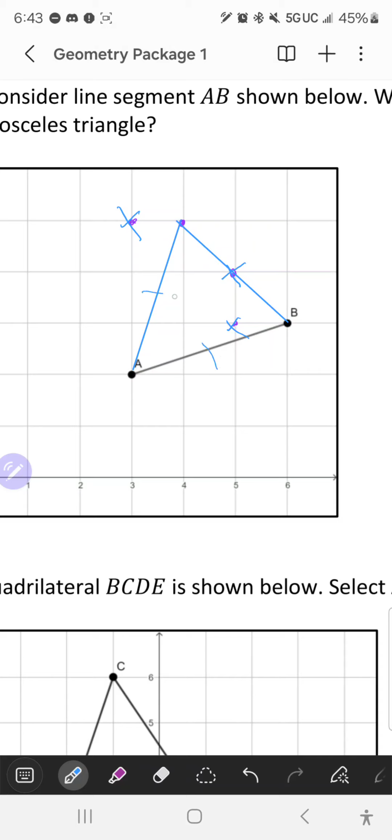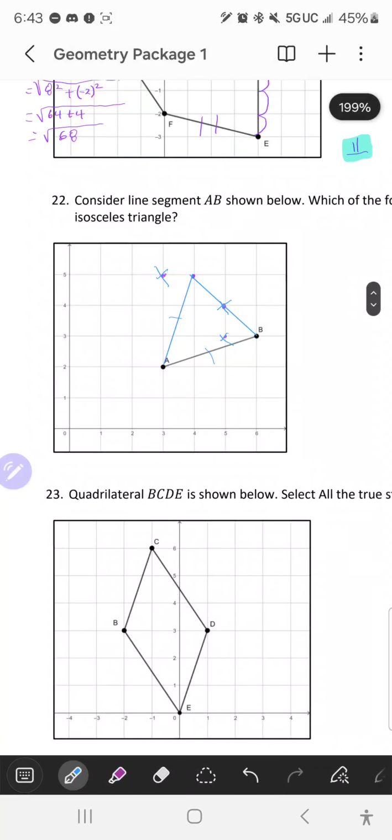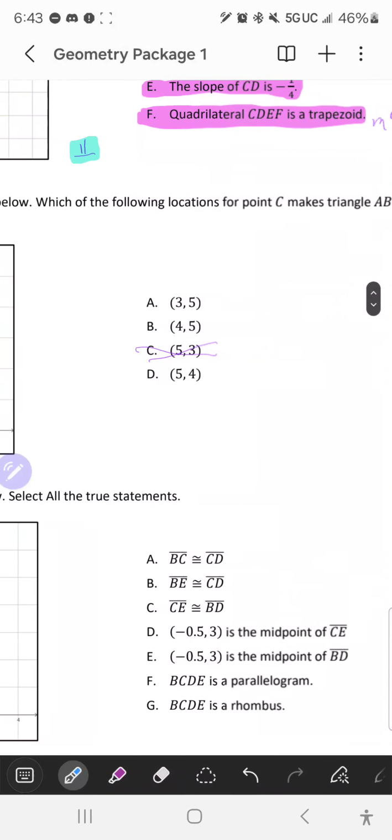This side looks pretty much like this other side. So to confirm that, when you cannot just trust your sight, you need to calculate it. So to confirm that, we are going to use the formula. I'm going to say this is C, and I'm going to calculate AC and AB.